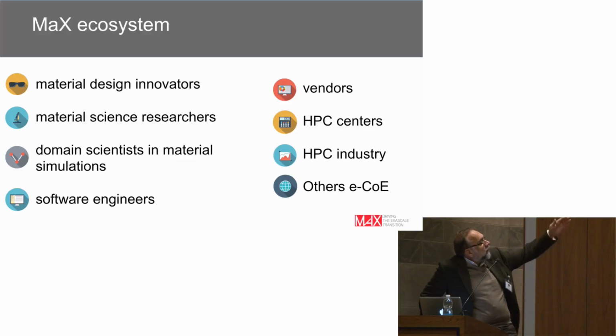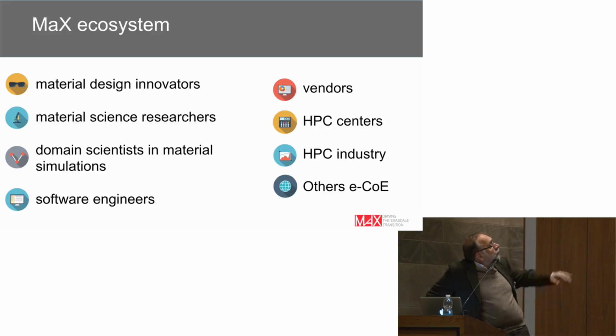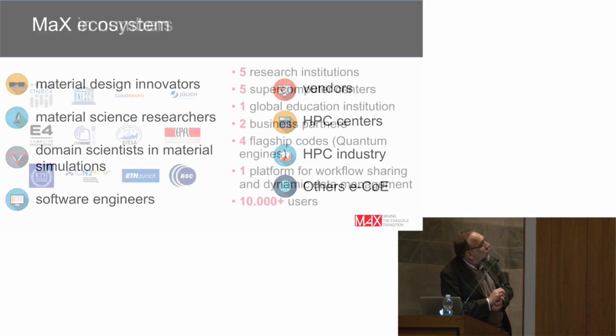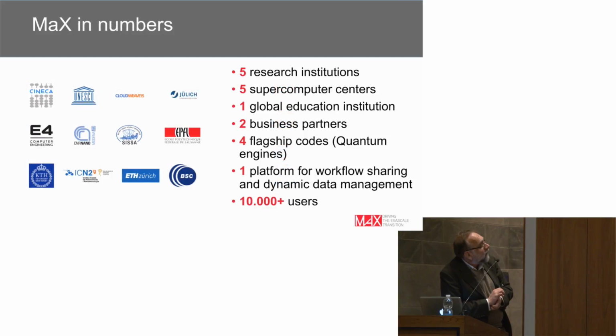So we have essentially 5 research institutions, 5 supercomputer centers, 1 global education institution, because for us to educate people in using these things is crucial, particularly in the third world. And so we chose UNESCO and ICTP as the partners for this. Then we have 2 business partners, one more focused on hardware solutions, and the other one more focused on business models.